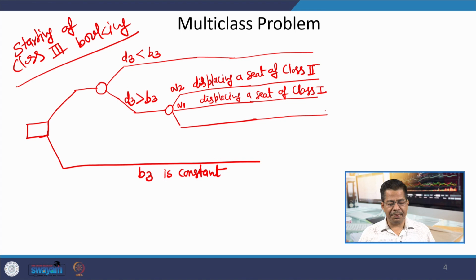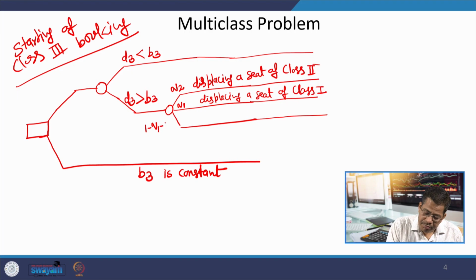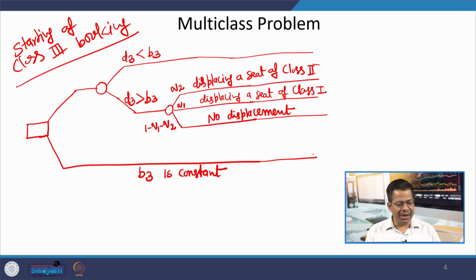And neither displacing a seat of class 1 nor class 2 will come with a probability of 1 minus Q1 minus Q2. So, it means no displacement. These are the multiple scenarios which are possible.